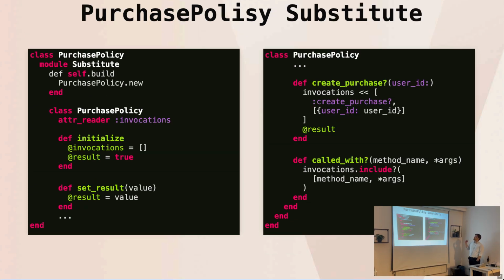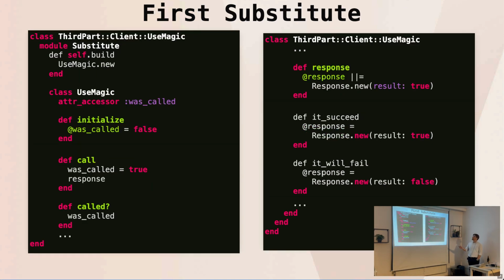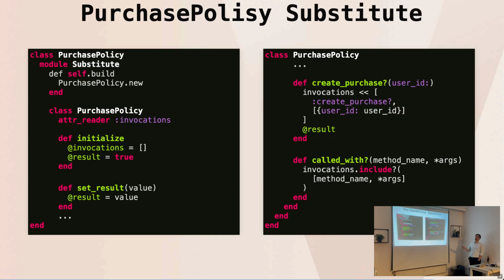Okay, previously it was a substitute for our gem. But as I mentioned, in our service we also have other dependencies like purchase policy. Let's create another substitute because it has slightly different requirements.